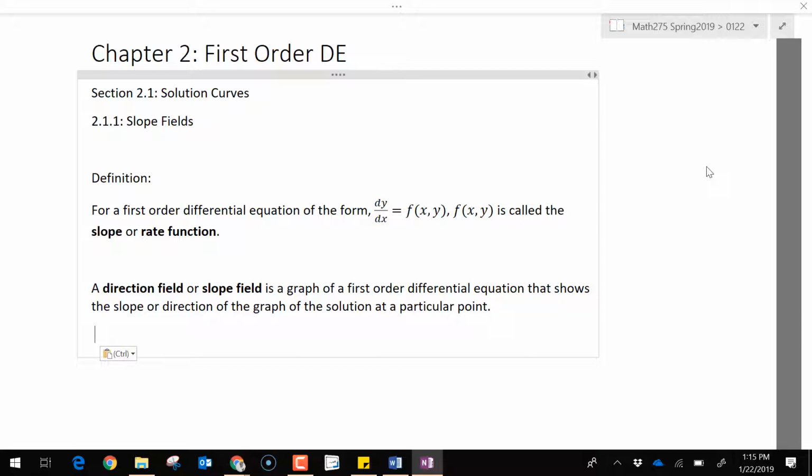So a direction field or a slope field is a graph of the first order differential equation that shows a slope at any particular point. So let's take a look at an example.